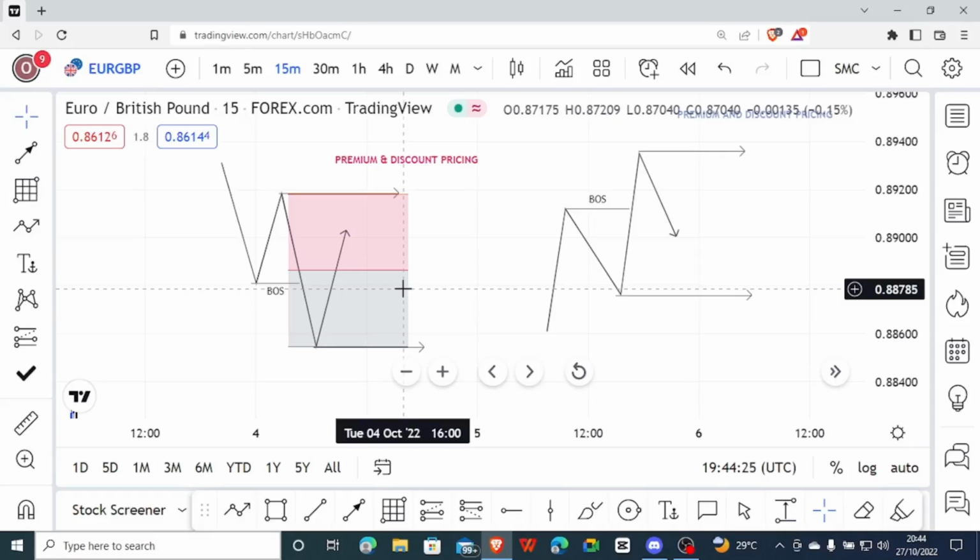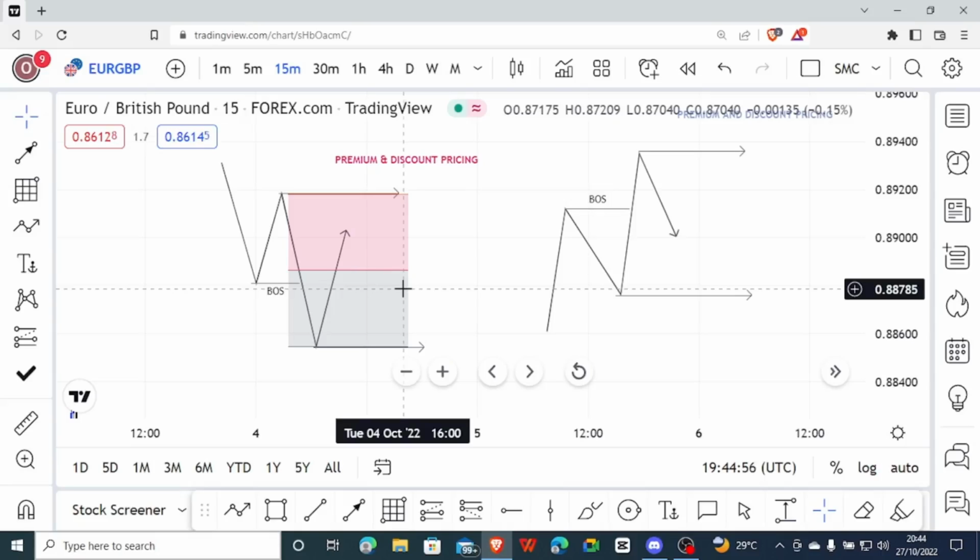Now, why do you need to really study and master this concept of premium and discount pricing? Well, it is because of 3 important reasons. Number 1, when you master your premium and discount pricing or zones, it will enable you to buy cheap and sell expensive.